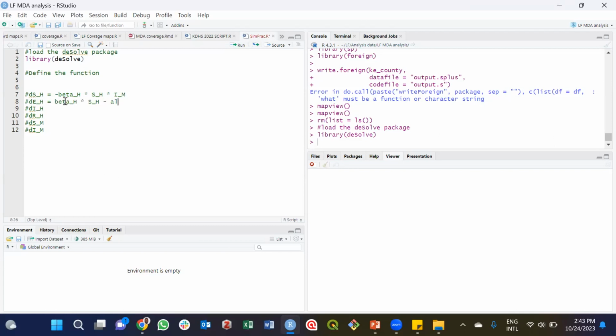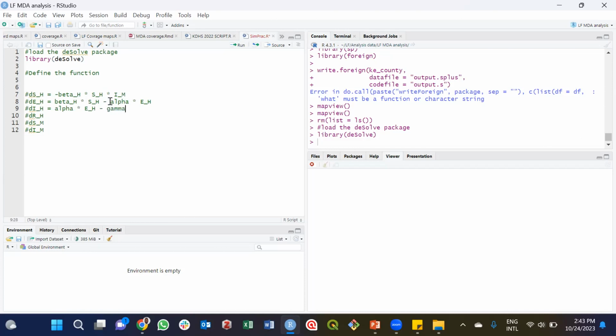But they can leave at the rate alpha of E, E of H. They are leaving the EH compartment now. And those who leave the EH compartment are coming to the I of humans.